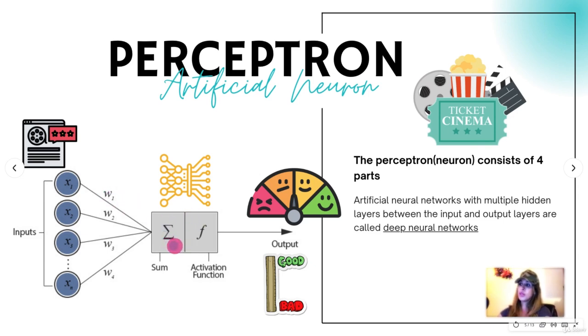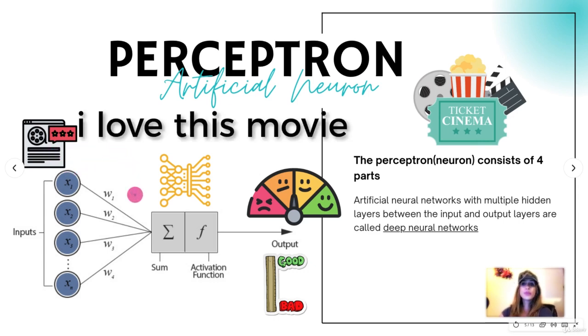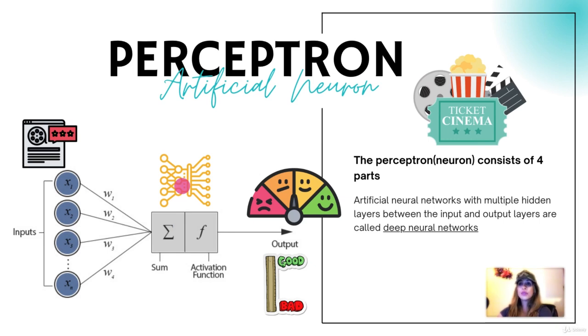Then when the inputs and the weights are passed through the activation function, it tries to figure out, okay, does these words of that review, if the review says I love this movie, it has to figure out and calculate how positive that statement is. I love this movie, and the keyword here being love.